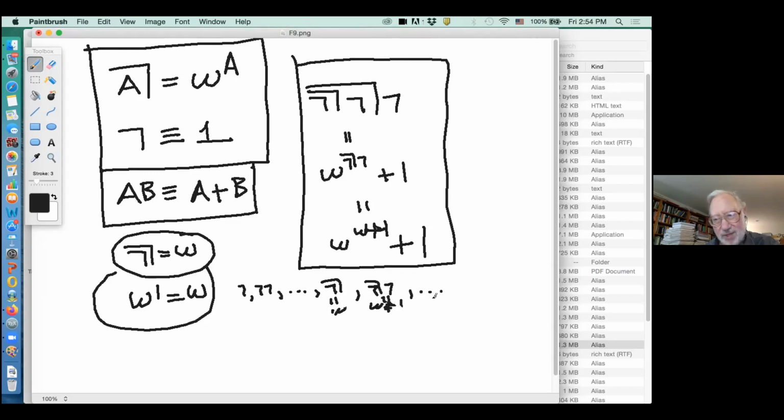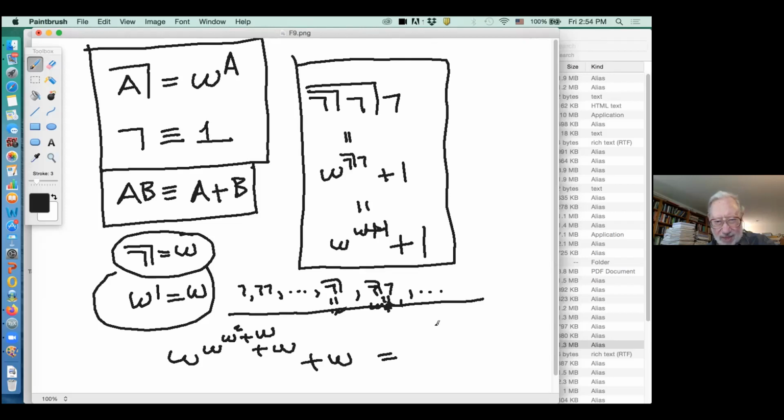Now the curious thing is that we can plug into the fact that we are used to this kind of algebra. So I could write some weird thing like omega to the omega squared plus omega plus omega plus omega, and translate it immediately.